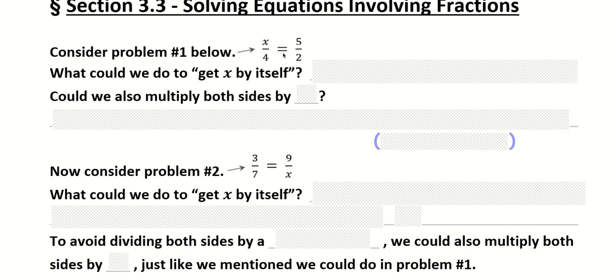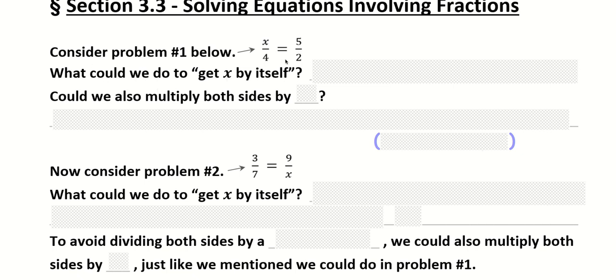So consider problem number 1 below. I don't know if that's necessarily below, but whatever. So consider this problem. x over 4, or x divided by 4, equals 5 divided by 2. What could we do to get x by itself?